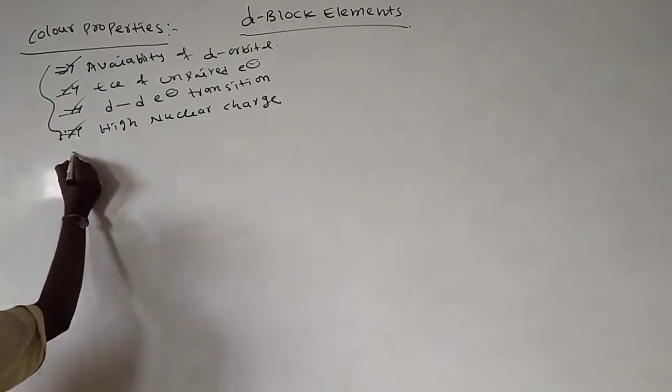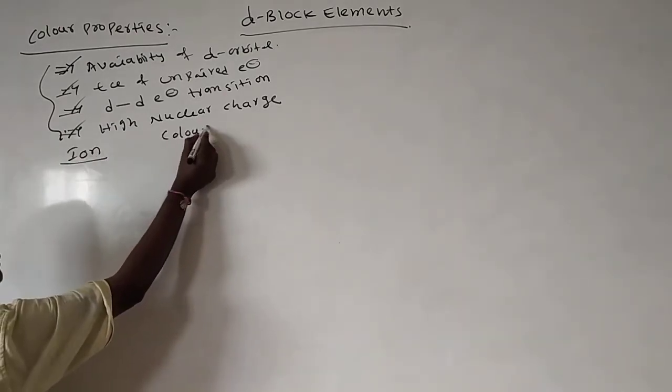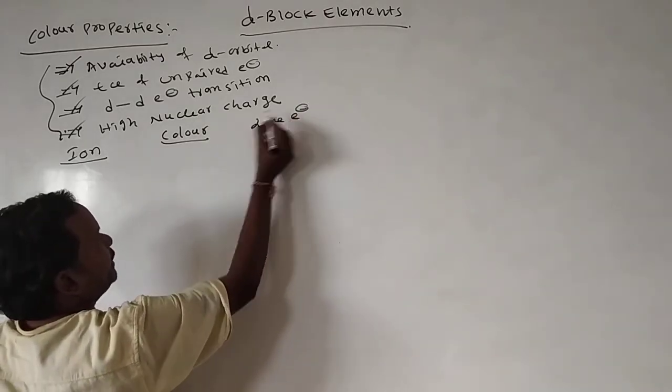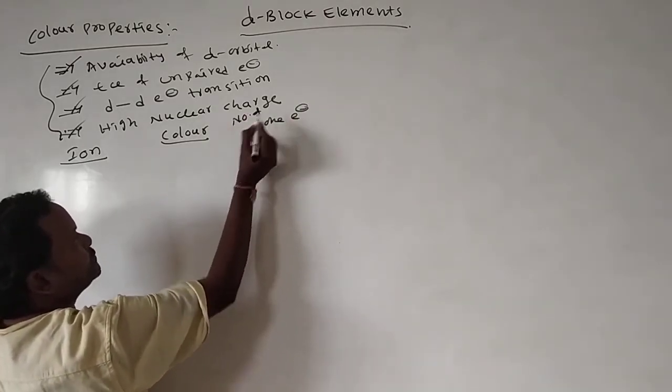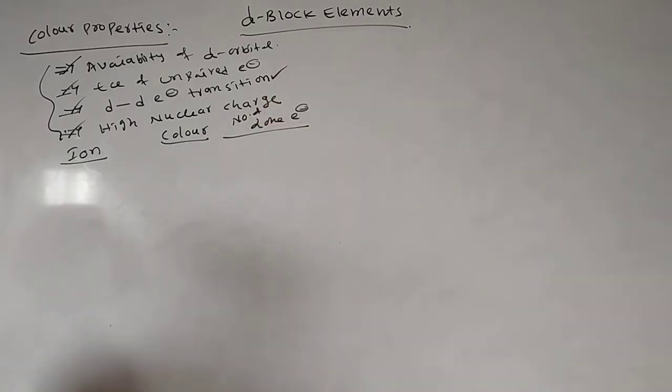First, I am giving the ion and color, and in continuation we discuss the number of lone electrons. After that, we will see what the d electron transition is. Just I will write the colors of the ions.